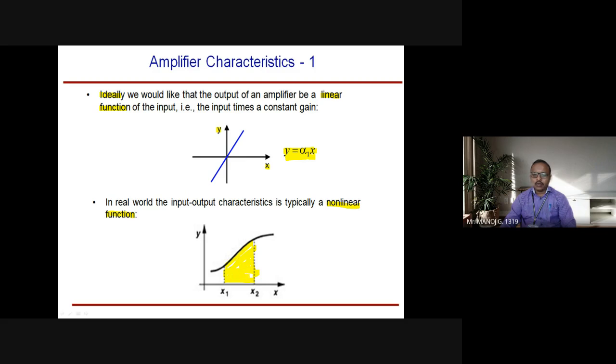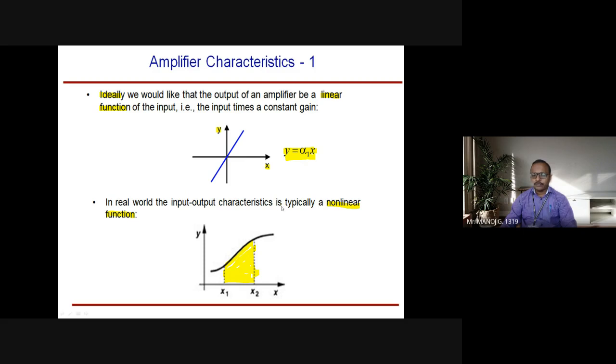Now we are going to derive how you get this non-linear function. The linear function is already defined: y is equal to alpha 1 into x, where alpha 1 is the gain of the amplifier. This is the ideal case. But for non-linear, how will you get the expression? That's what we'll be dealing with in this class. Is it clear so far?